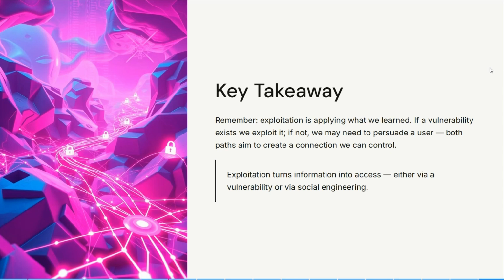If we can deliver the payload directly, fine. If we involve someone to deliver it, it's also fine. But in both, we are looking for a connection back to the hacker. Exploitation turns information into access, either via a vulnerability or via social engineering.